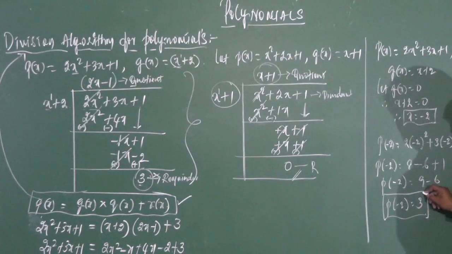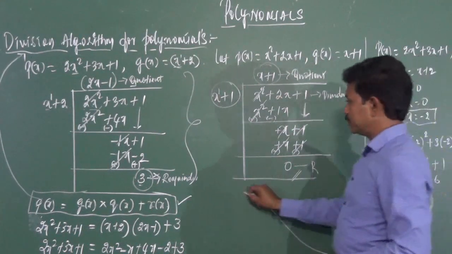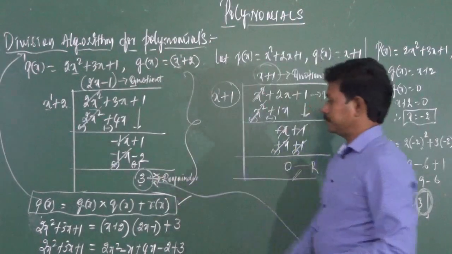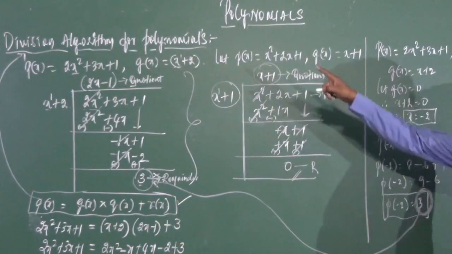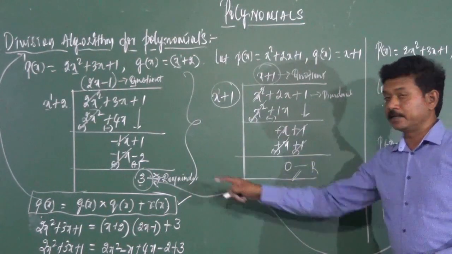So here this 3 is the remainder. This 3 is the remainder when p of x is divided by g of x. This 3 is nothing but this 3. There we did the complete long division process to find the remainder.